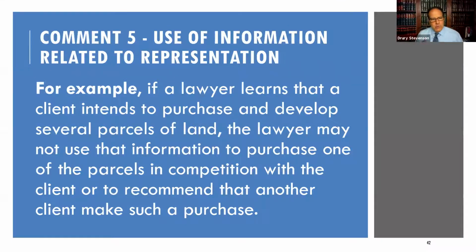For example, a lawyer learns that the client intends to purchase and develop several adjacent parcels of land, and the lawyer may not use that information to purchase one of the parcels in competition with the client or to recommend that another client make such a purchase.